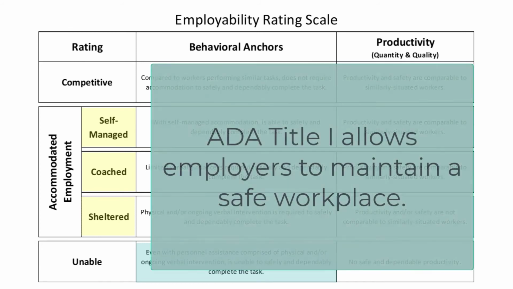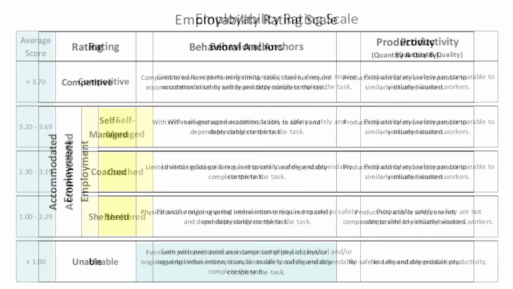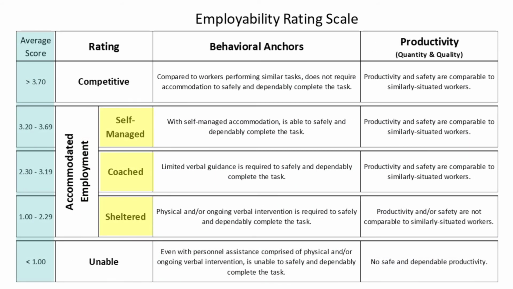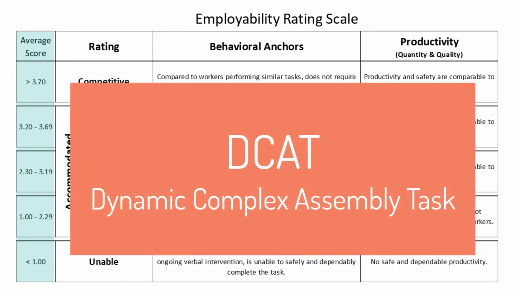ADA Title I includes language that says that the employer has the right to a situation where everybody employed is not a direct threat to self or others. And so we have graded each of these 5 levels of employability in terms of the performance of the person on the DCAT, the Dynamic Complex Assembly Task.